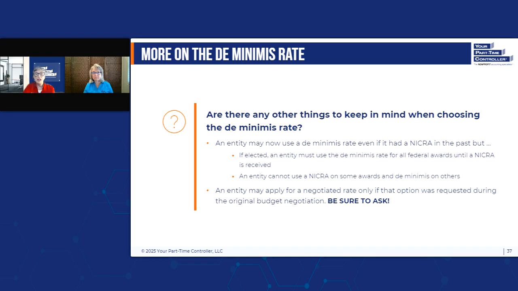You can apply for a negotiated rate only if that option was requested or required during the original budget negotiation. So be sure to ask if the agency doesn't mention it. However, if your true rate runs a bit higher than 15%, you may be doing a disservice to your organization by accepting de minimis because it essentially means you're subsidizing the costs that the feds are not covering.